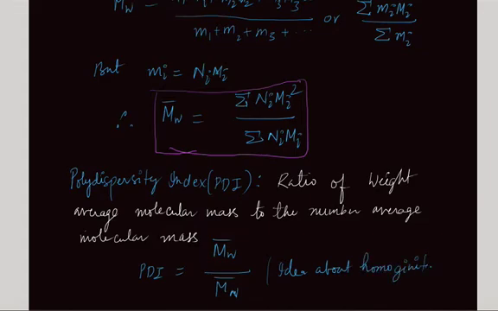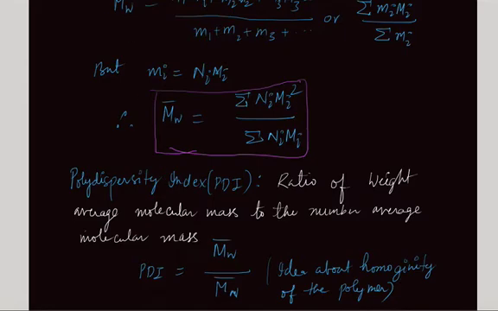That's the whole idea. We get it from PDI here. Now, if we have PDI equal to 1, that means Mw is equal to Mn. Then we could say it is more homogeneous.